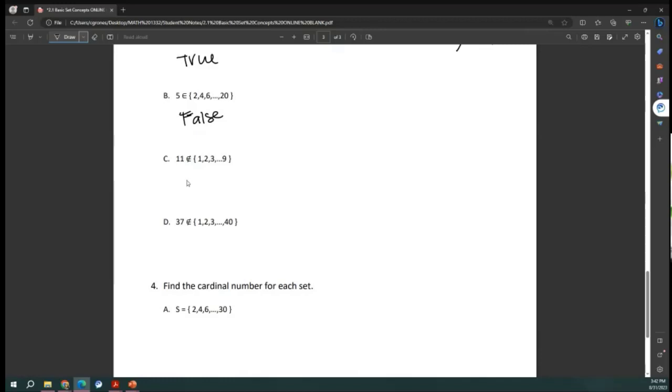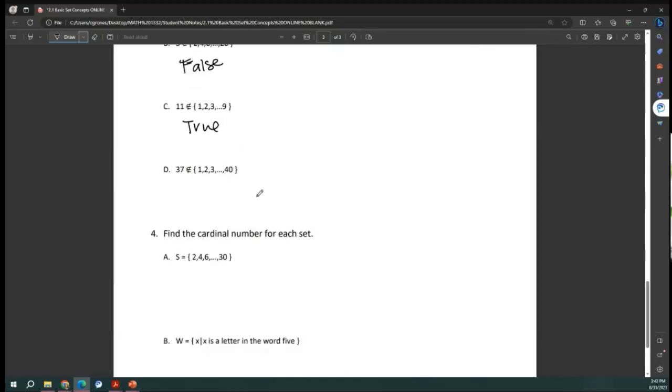Correct. It is true, because 11 is not an element of this set. And then on D, 37 is not an element of the numbers 1, 2, 3, all the way to 40. False, because 37 is in there. All right.